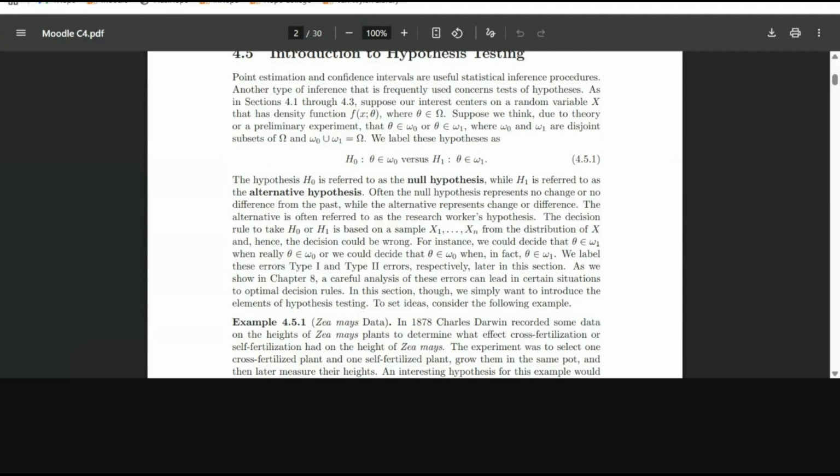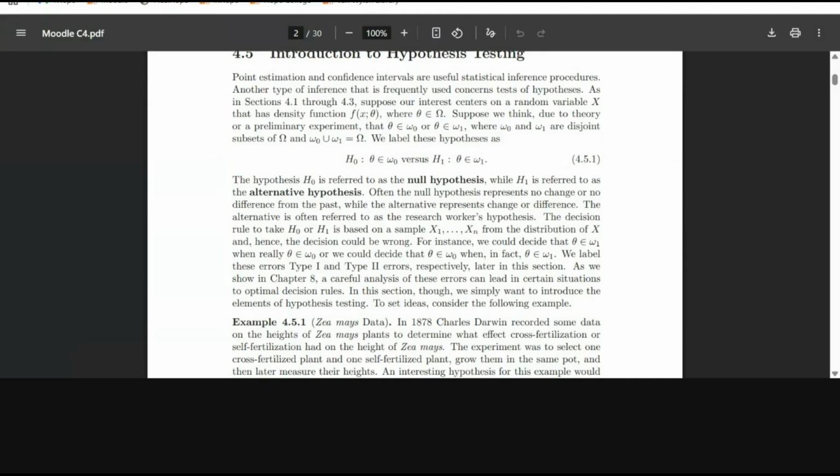So if, for example, you're talking about a one mean situation, in theory, that mean value can be any real number. In that case, the parameter space is R, all the real numbers. The parameter space is the space where the parameter potentially could be. And so do you understand this notation? The null says that the parameter theta is an element of omega naught versus H1, theta is an element of omega 1.